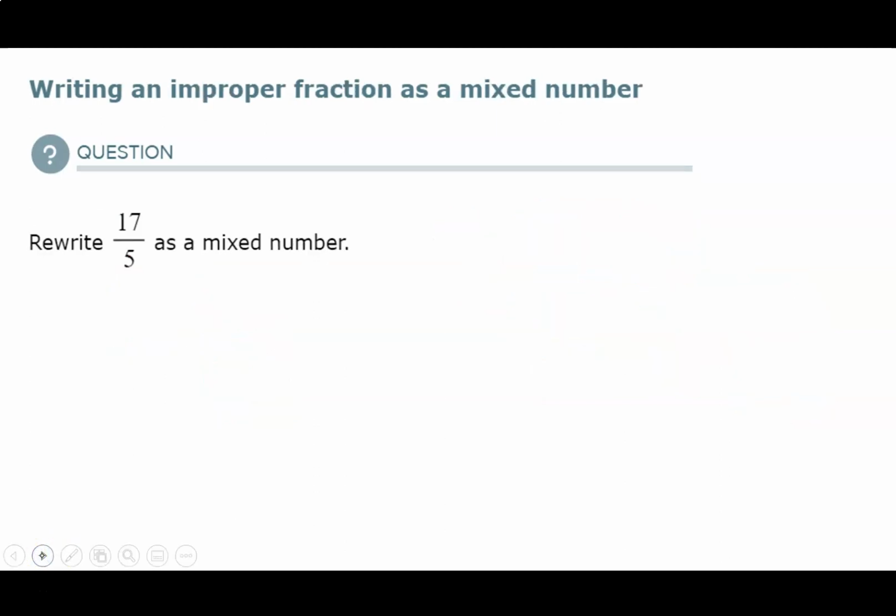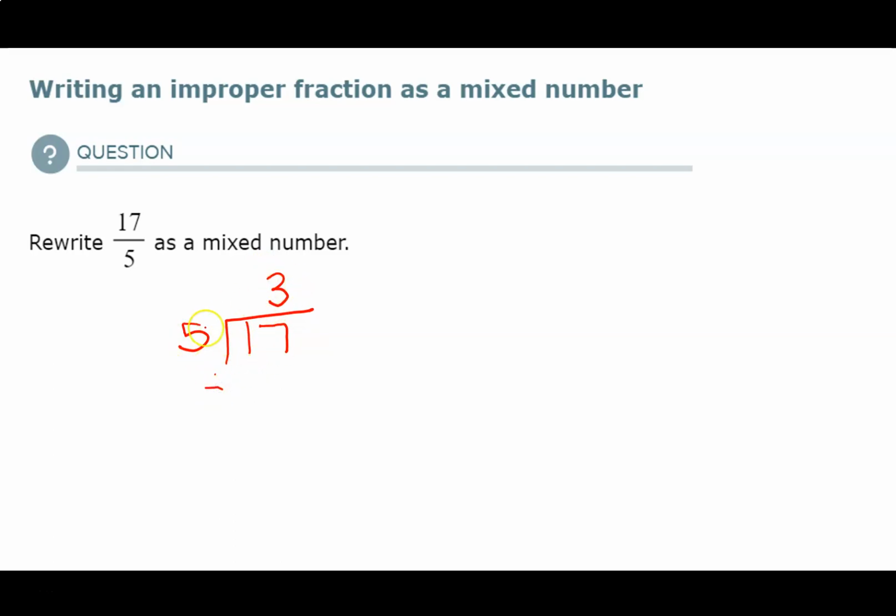All right, now what if I need to go the other way? What if I have an improper fraction and I need to make it a mixed number? Well, for this one, we just have to use our trusty friend long division. So I see that I've got something broken into groups of 5, so I'm going to see how many times 5 goes into 17. Well, 5 goes into 17 3 whole times.